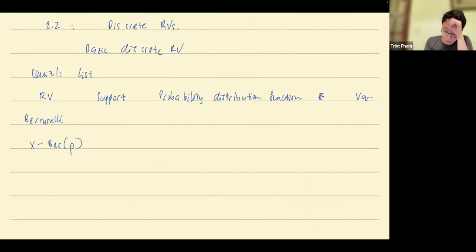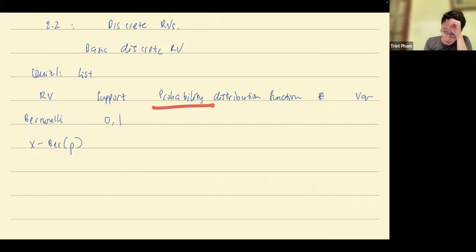We mean a random variable that takes value 0 or 1. The distribution function will be that the probability X equals 1 is equal to p. Expectation is p, variance is p(1 minus p).